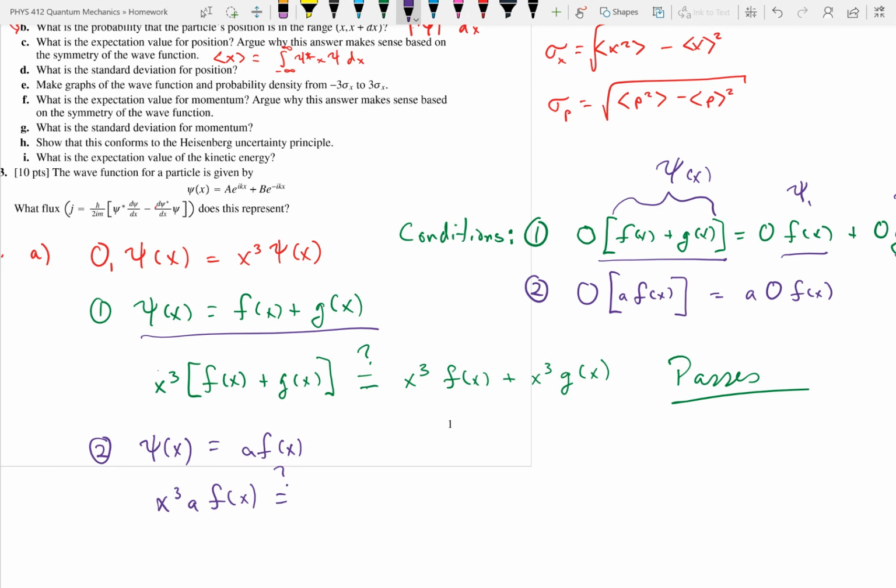And then that would equal, notice I put it equal with a question mark because we're testing, or testing that it equals a times x cubed f of x. Does it? If a is a constant? So that means that a passed both tests, it's linear.